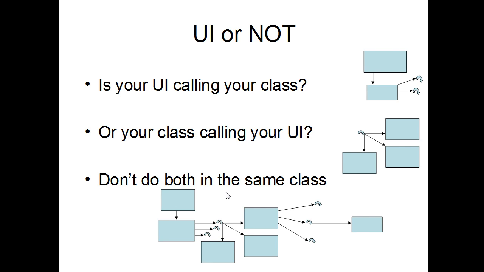But you can do both, and I've seen both done. Please, never do both in the same class. It's going to be a mess. I personally prefer to have all the UI outside of the class, but that is still acceptable if you have your UI called from inside your class. Just do it consistently.